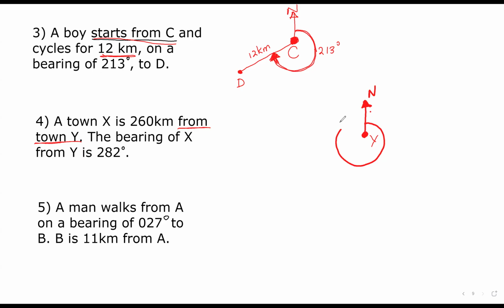So Y might be up here, and this is X. The clockwise angle between your north line and YX is 282 degrees, and your distance XY will be 260 km.